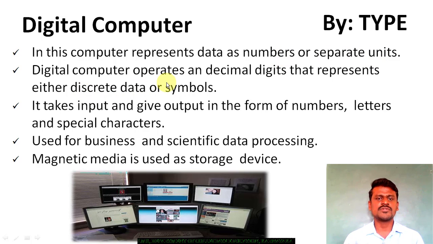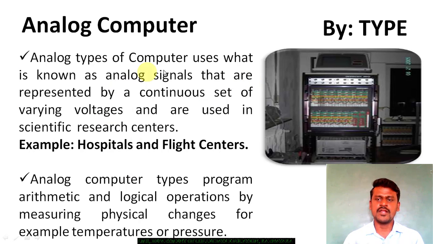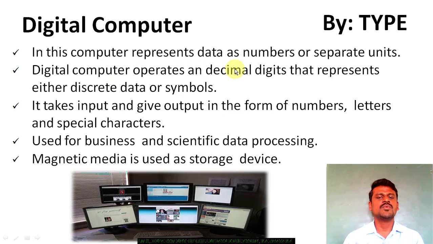Digital computers operate on digital digits, unlike analog, that represent either discrete data or symbols. It means it will work on digital digits, which are a representation of any particular data or any particular symbol. These computers operate only on digital digits, right? Those digits we can call any kind of data or any kind of symbols.